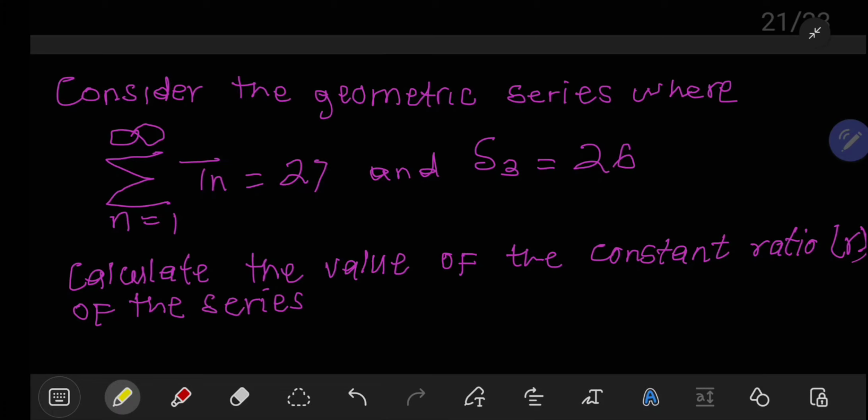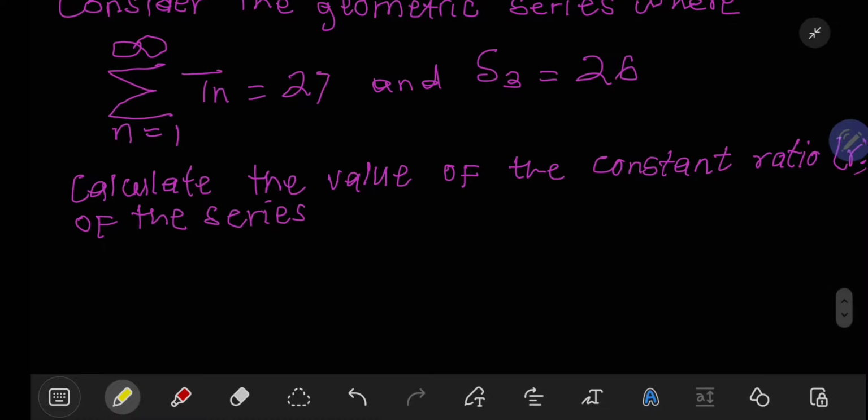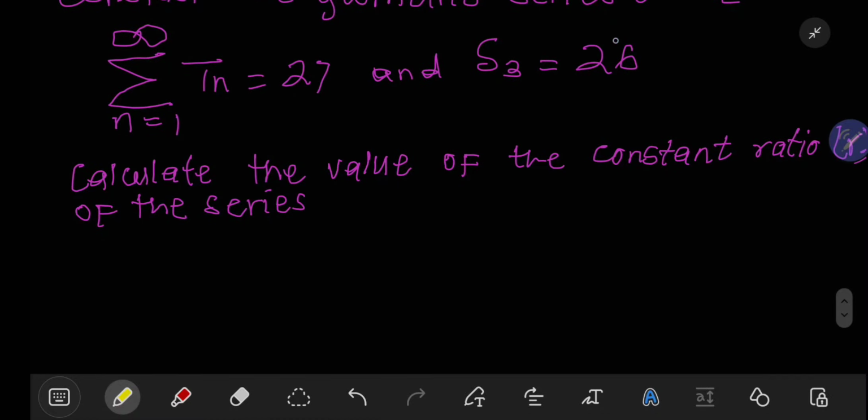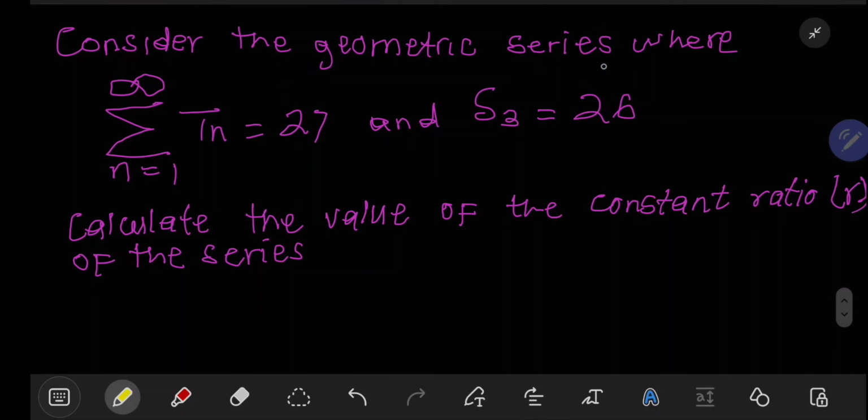So now we have to deal with this piece by piece so that we can understand this question and answer it correctly. What the question is looking for is the value of r, but we are given the sum to infinity of a geometric series, and they say it's equal to 27.